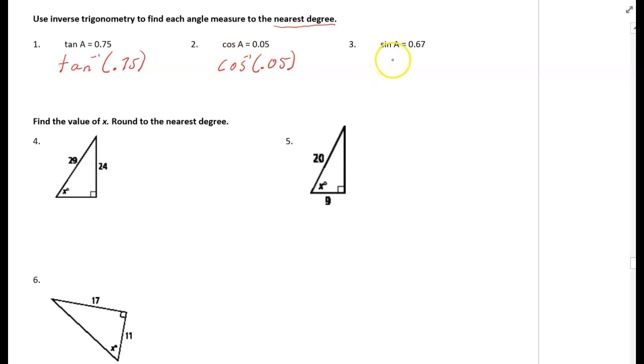And for problem number 3 was sine inverse of 0.67. And this will give you the angle. So the angle is tangent inverse of 0.75. For number 2, cosine inverse of 0.05. For number 3, sine inverse of 0.67.